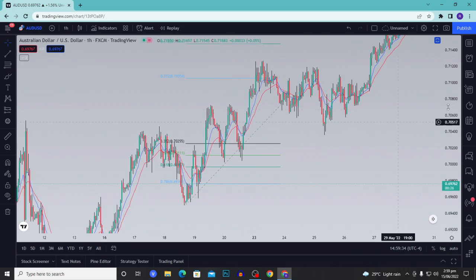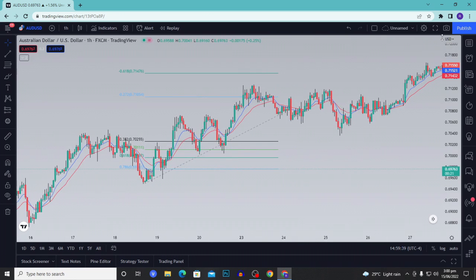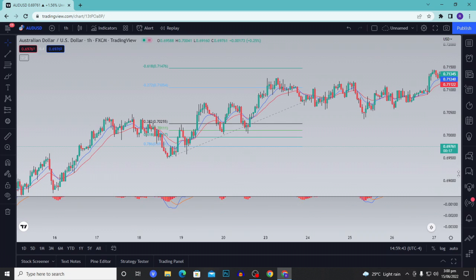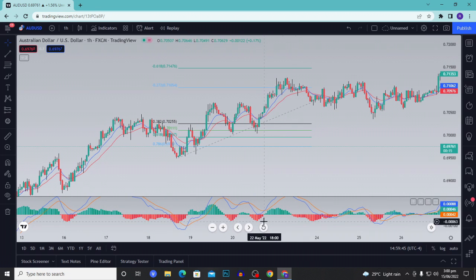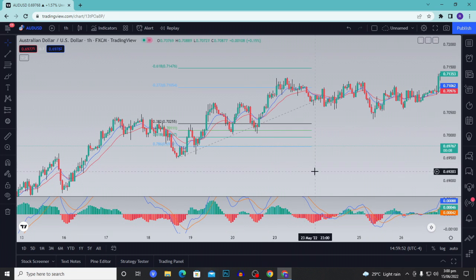And on the 1-hour time frame, similar to what I taught before, you look for an entry using the MACD and the moving averages.